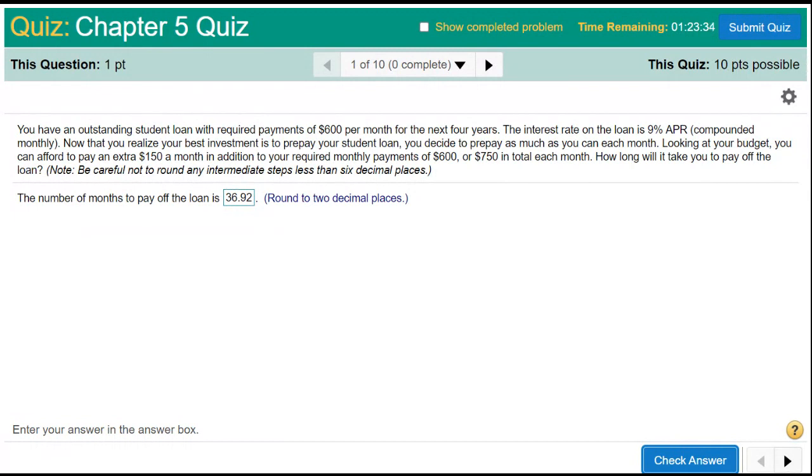Future value is 0. Present value is the amount you got from your calculation of 600. Then you compute for n, and you come up with 36.92.